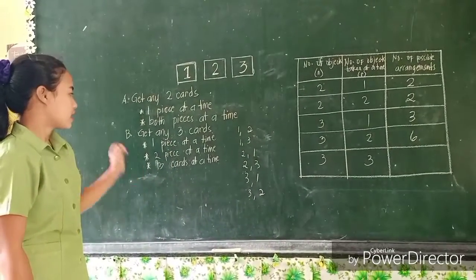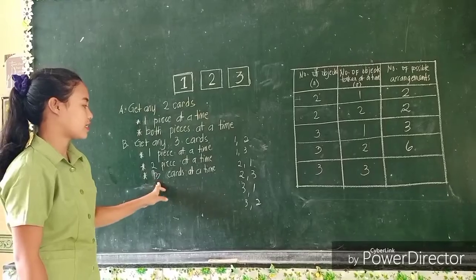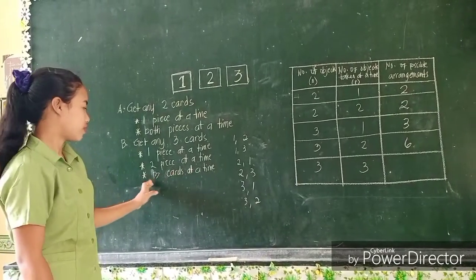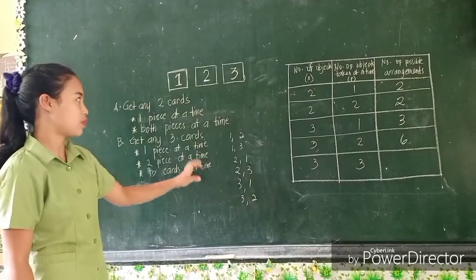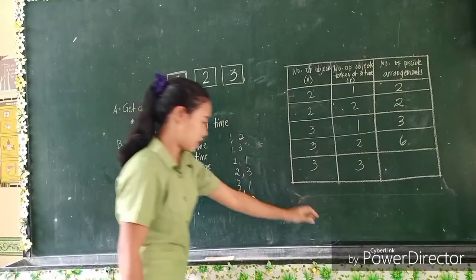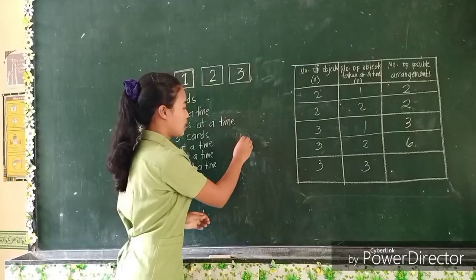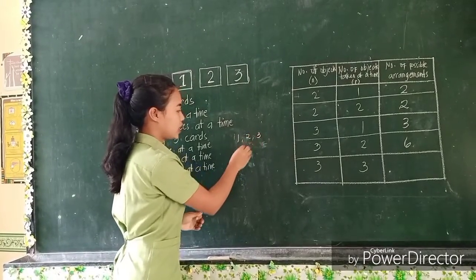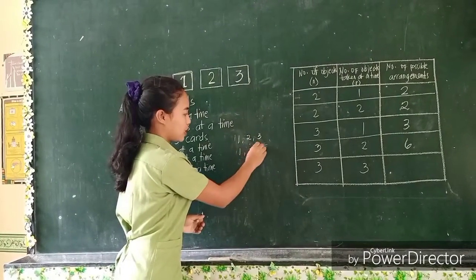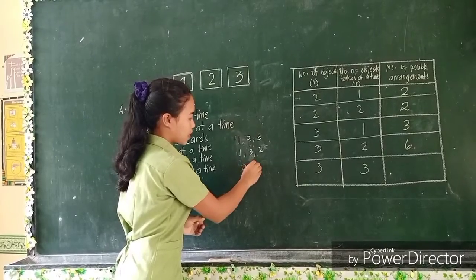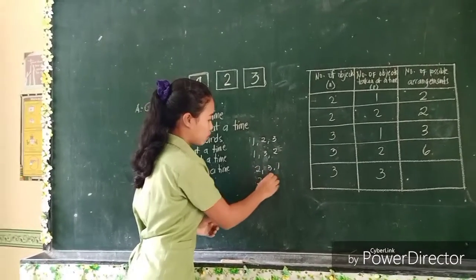Next, arrange 3 cards 3 cards at a time. We will use these 3 pieces. So we have now 1, 2, 3; 1, 3, 2; 2, 1, 3; 2, 3, 1; 3, 2, 1; and 3, 1, 2.